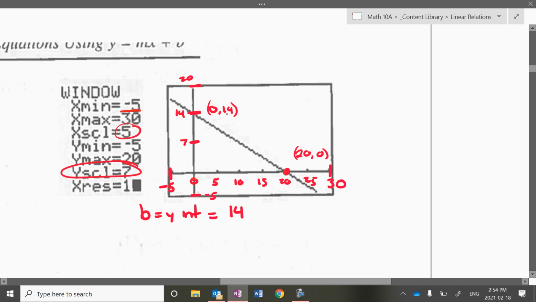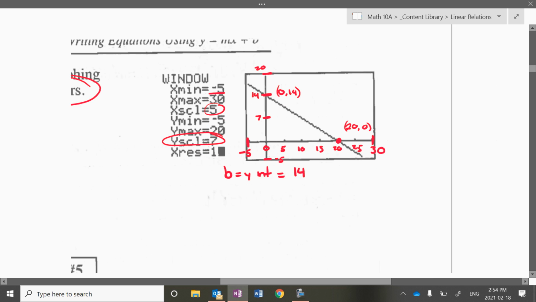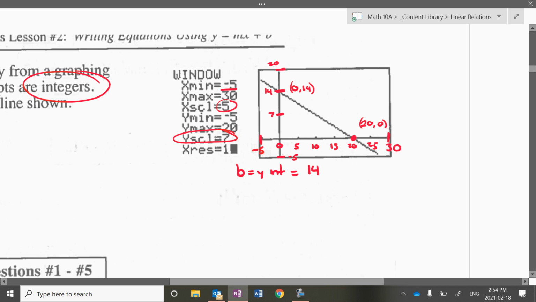So what that does mean is we can actually calculate our slope using our slope formula because we have 2 data points then. Sneaky way to give you those 2 data points, but it gives them to you. I could do them in either order. So let's do 14 and 0, then 0 and 20.